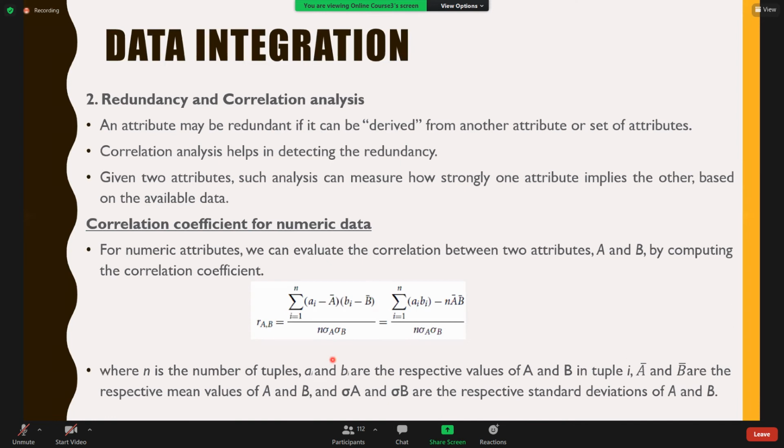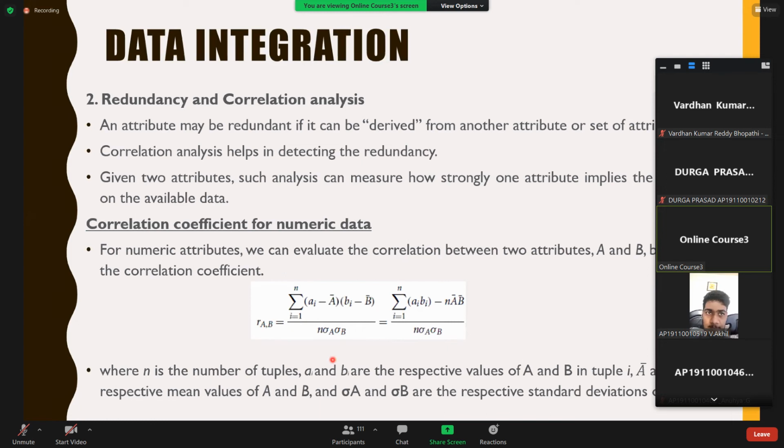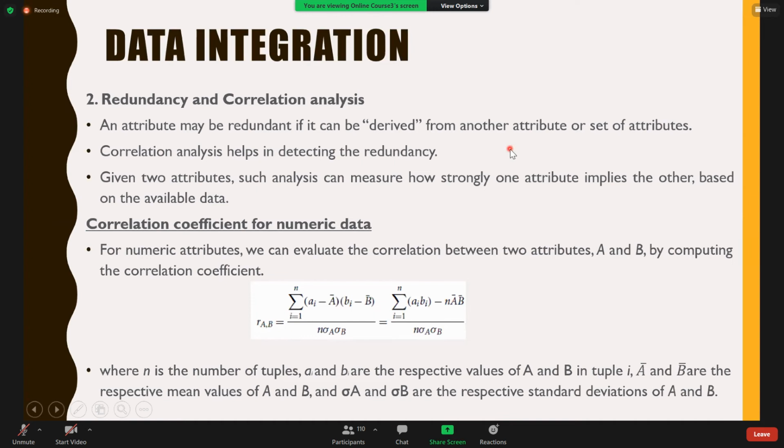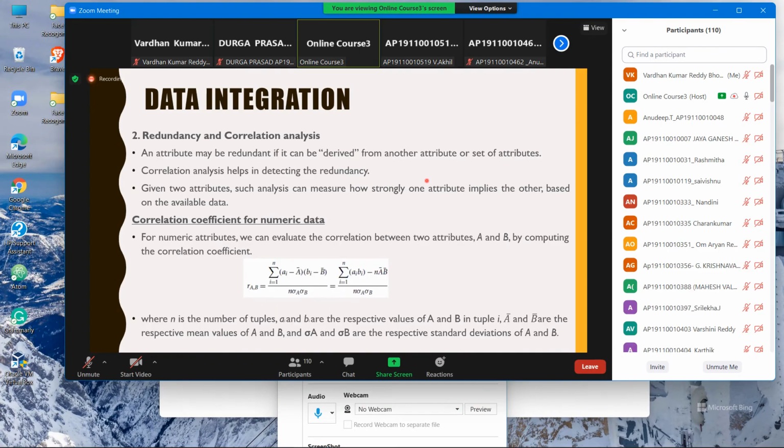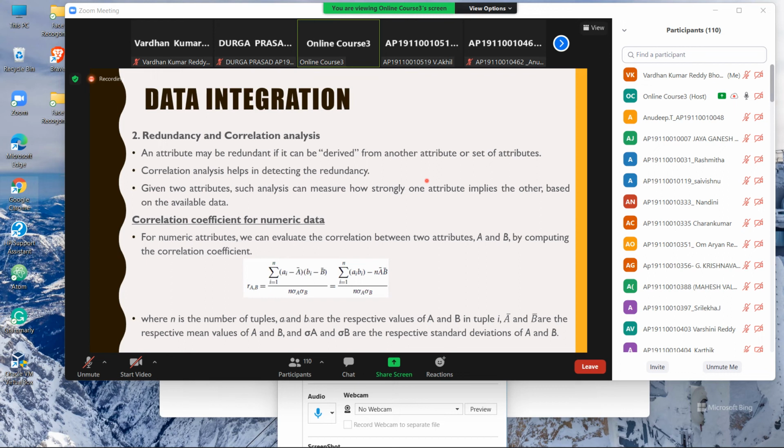And the next issue is redundancy and correlation analysis. When you integrate the data from multiple sources, there is a possibility that redundant attributes may be generated. We call an attribute redundant if you can derive it from another attribute or from a set of attributes.